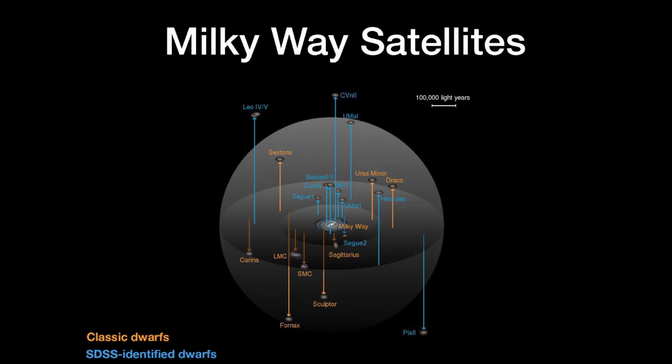Risa did a very good job of explaining the picture and the simulations that go into this. If we look at, say, the SDSS-identified dwarf galaxies along with the classic dwarfs, we can ask the question, what does it take to ensure that these objects still survive any sort of interaction that you give dark matter?